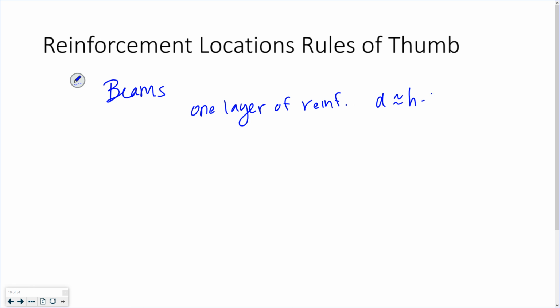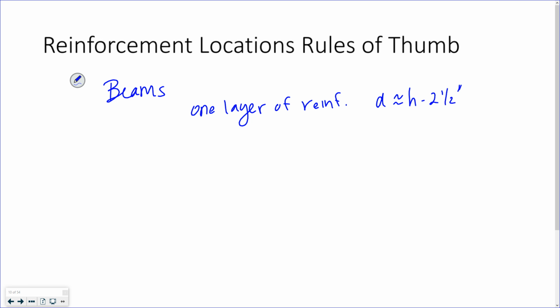For beams with one layer of reinforcement, your D is about your H minus 2.5 inches.